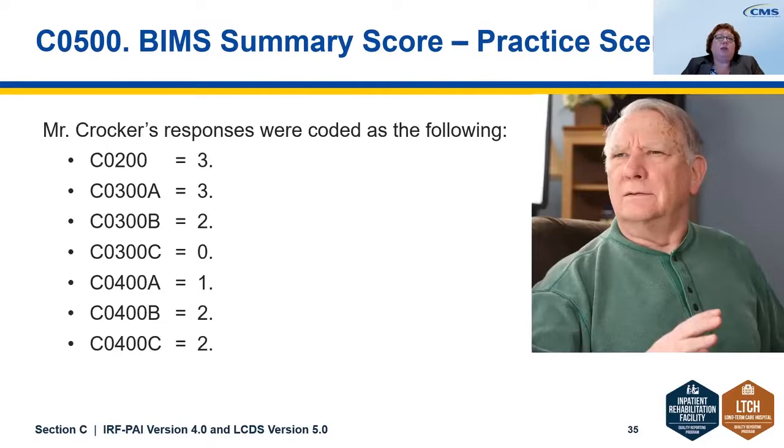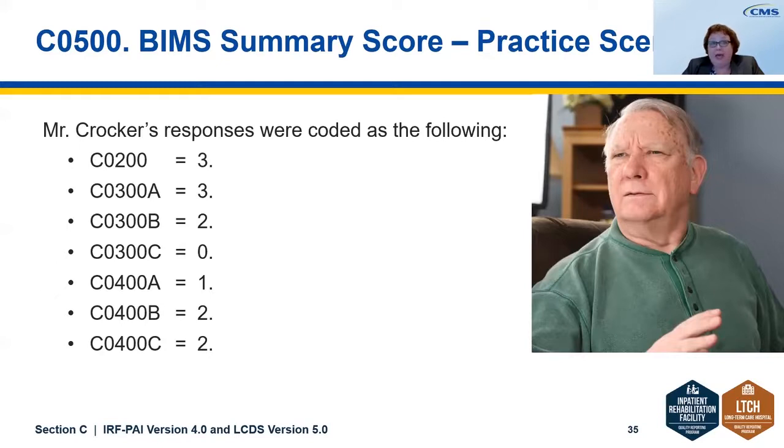So let's look at the coding for C0200 through C0400 to consider the answer to C0500, the BIMS summary score. Mr. Crocker's responses were coded as the following. C0200 was a 3, C0300A a 3, C0300B a 2, C0300C a 0, C0400A a 1, C0400B a 2, and finally C0400C a 2.